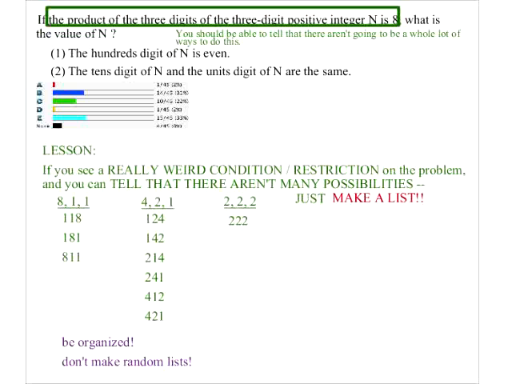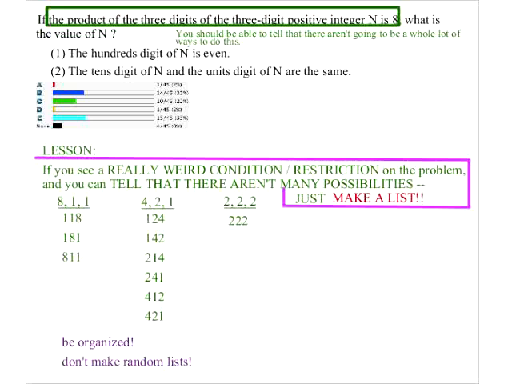What else are you going to do with 3 digits multiplied to give 8? It's not like you're going to be able to do any traditional math with that. So the advantage is, it's a little time consuming to make the list, but once you've got the list, you can literally just pick numbers off the list.